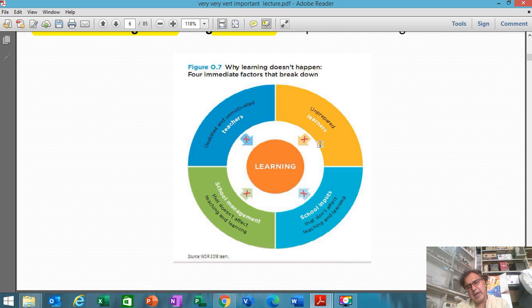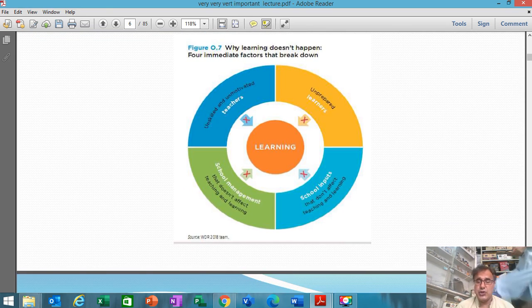Then we have unprepared learners. Along with this, we have teachers and learners who are not prepared for learning and for understanding the knowledge. If you have unskilled and unmotivated teachers, and at the same time unprepared learners, learning will not take place.